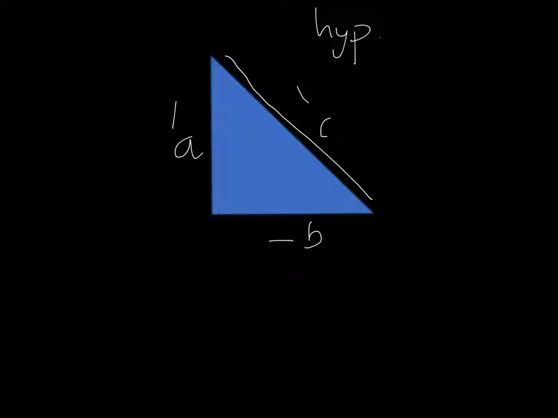I'll put that as HYP for short. Therefore, the square of the two shorter sides, A and B, A squared plus B squared, is equal to the square of the longest side, which is C squared. Let's have a go of putting that into some actual triangles now.